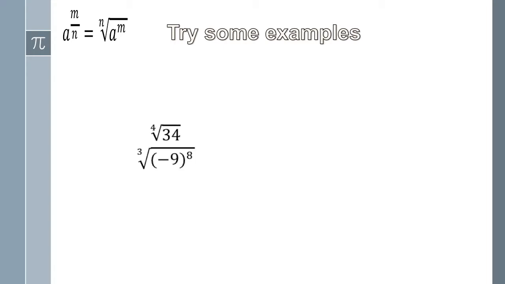Let's try some examples. So here I have two examples. I have the fourth root of 34. Now 34 alone, remember that there's an imaginary 1 exponent that I didn't put. And over here we have the cubed root of (negative 9) in brackets to the power of 8. So how can we change this into an exponent using this rule up here?